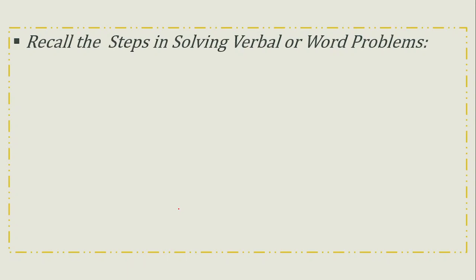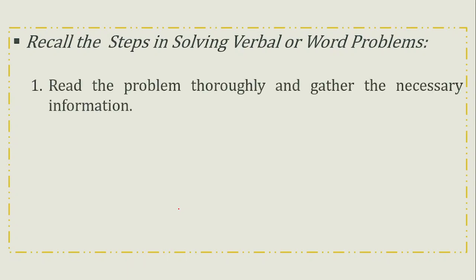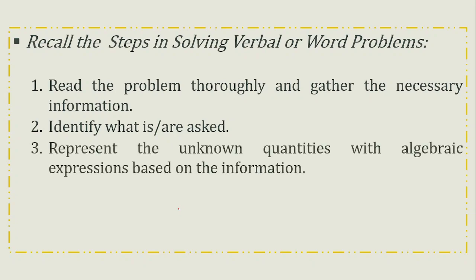So let's recall the steps. Number 1, read the problem thoroughly and gather the necessary information. Number 2, identify what is or are asked. This is the missing. Number 3, represent the unknown quantities with algebraic expressions based on the information. So class, when we solve real-world or verbal problems, we need to give a representation or denotation for each unknown quantity.